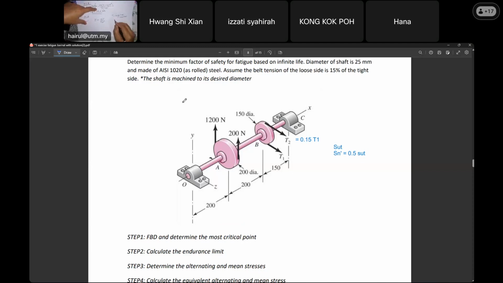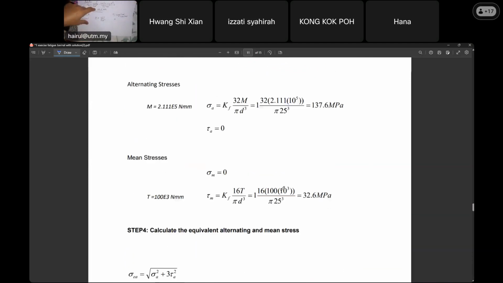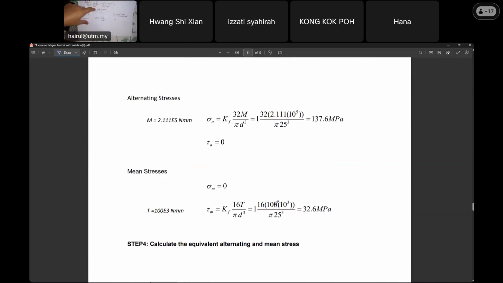Pulley A produces the torque, and the balance at B will be the same value but reversed, so it cancels. That will be your total torque. So the torsional stress, as shown here, is what? 100,000.